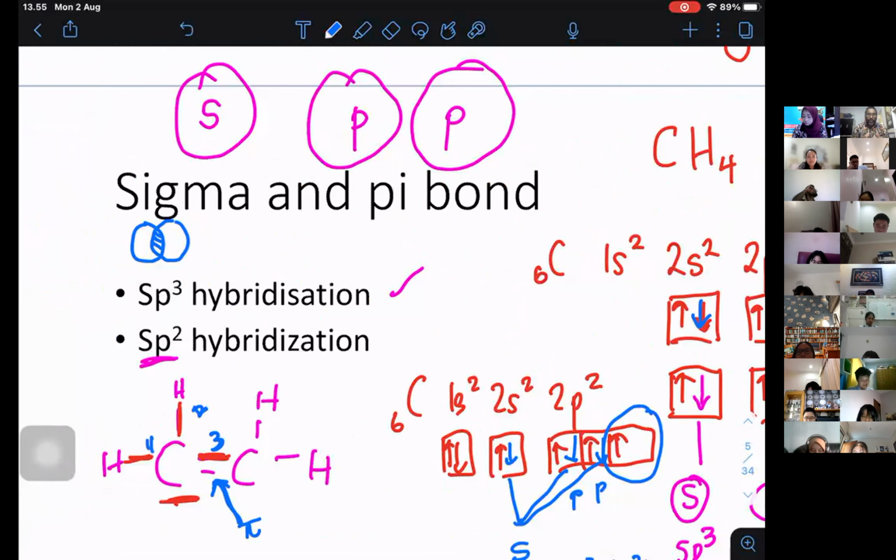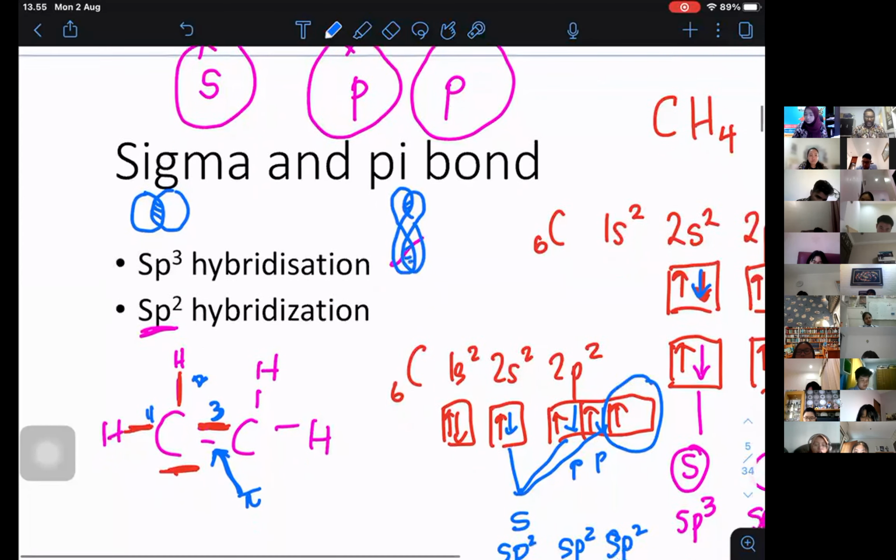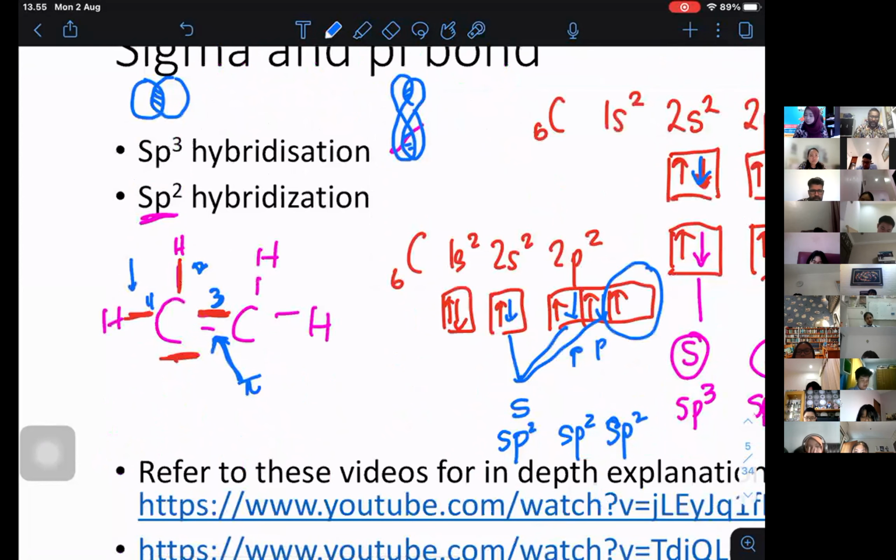Pi bonding is whenever you have sideways overlap. So this will form one sigma bond, and the other one that forms the double bond is known as the pi bond.